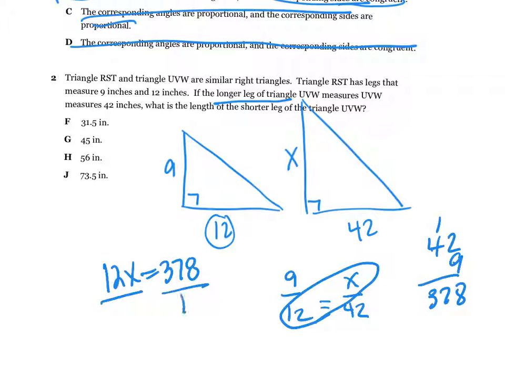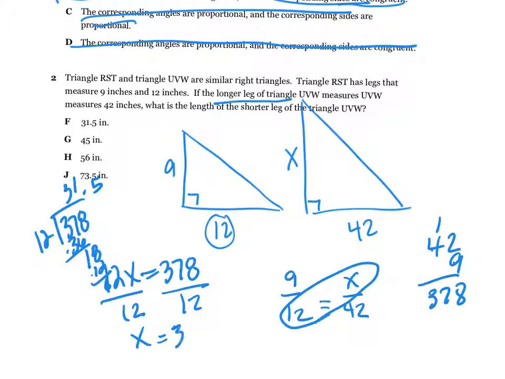Divide both sides by 12. And X is going to equal 378 divided by 12, which is 31.5. So you should get F on your answer choices.